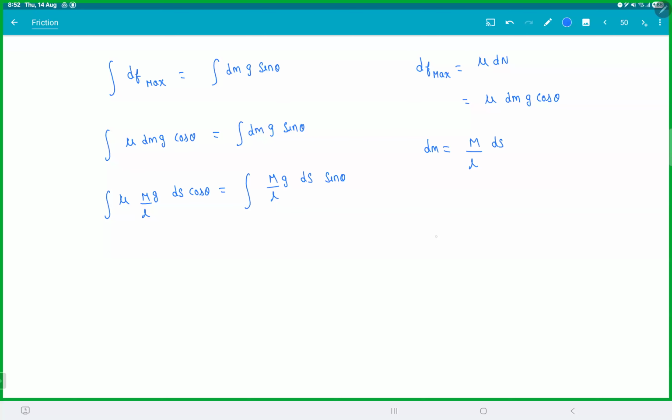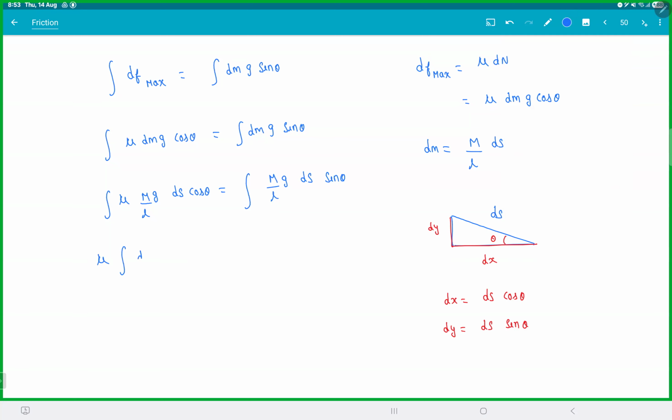Now that small piece which you have taken, this is ds. This is theta. This will be horizontal dx and this will be dy. So dx is nothing but ds cos theta. Dy is nothing but ds sine theta. So mu m by l mg will cancel on both the sides.